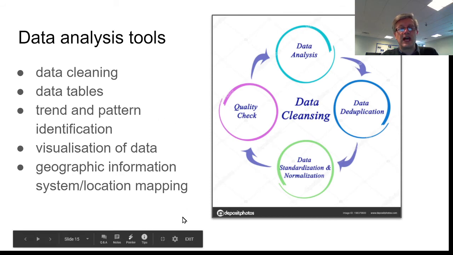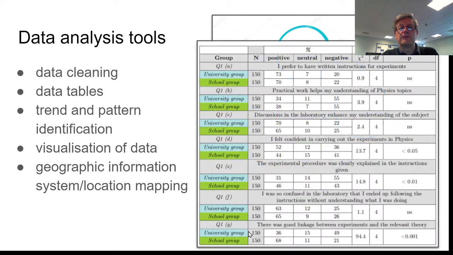Data tables themselves are another mechanism that we can use to analyze the data. As we can see here from this example, this has been broken down, it's been color-coded, it's been broken into percentages and comparisons, and we can clearly see from looking at this, if we were scientists and we fully understood this data in this table, we would be able to quickly look at it and see, yep, I understand positive, neutral, negative, difference.